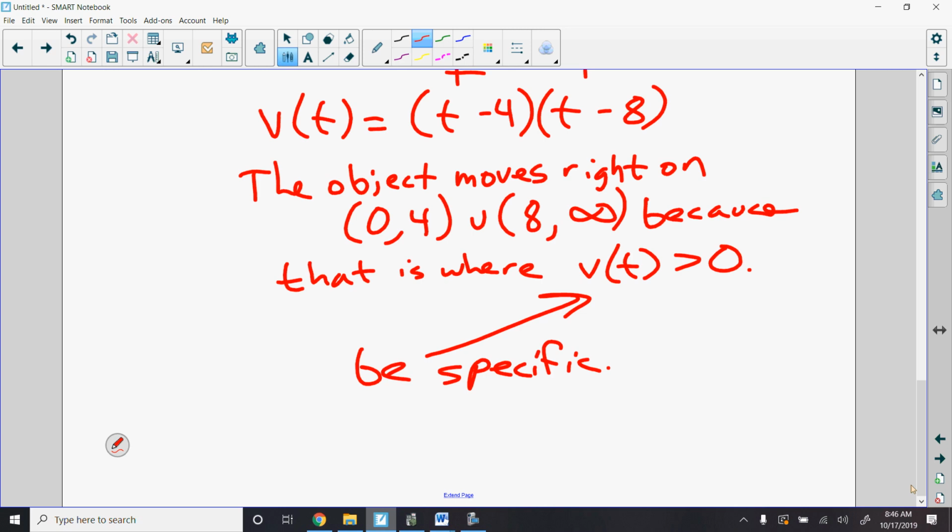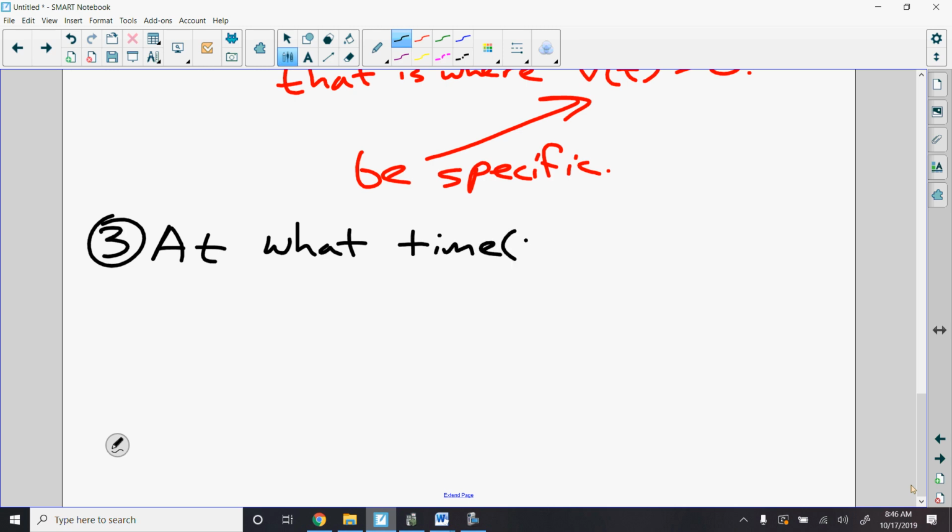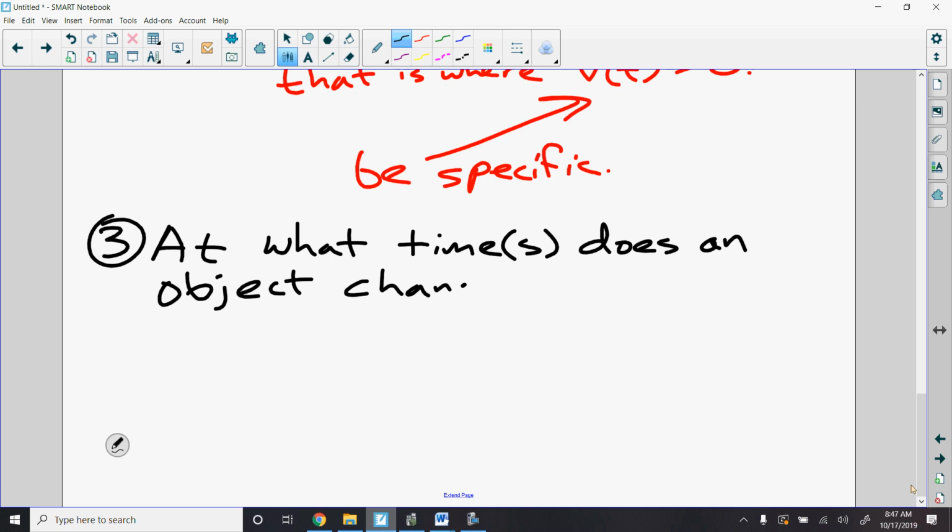The third thing that we're going to look at. The third type of question that they like to ask is, at what time or times does an object change directions?